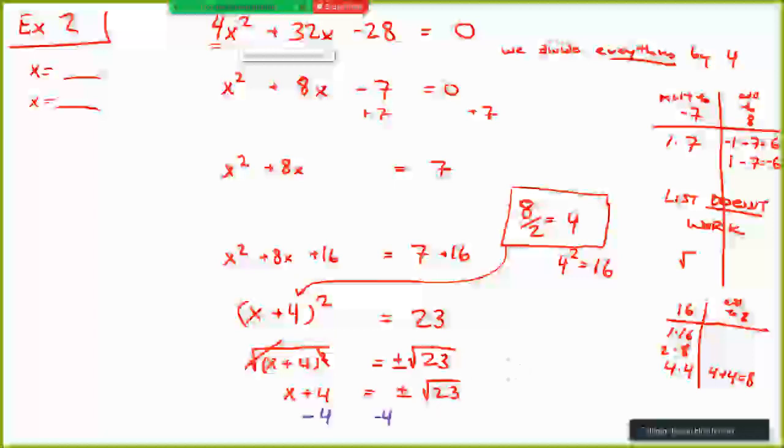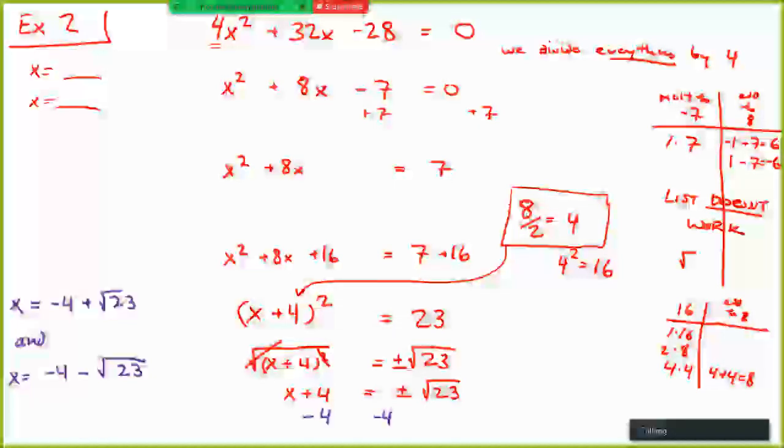So what are we left with? We've got, I'll put it on the left where there's more blank space. We've got x equals negative 4 plus root 23, and x is negative 4 minus root 23. And there's our two solutions.